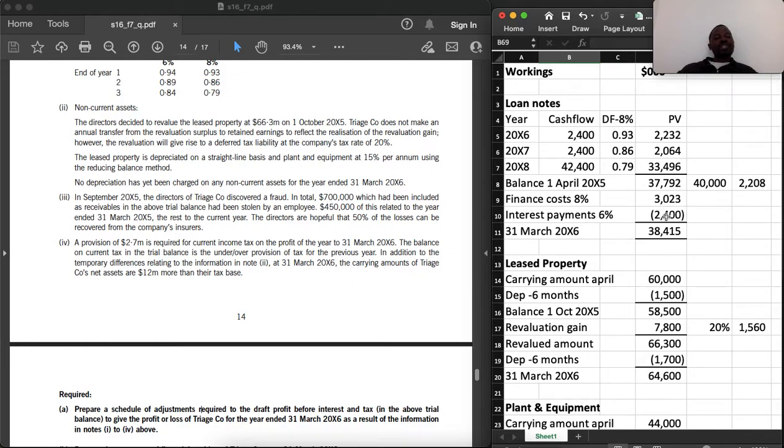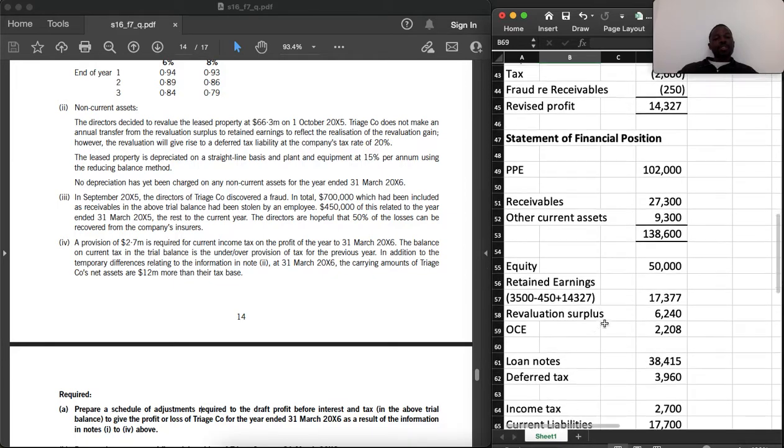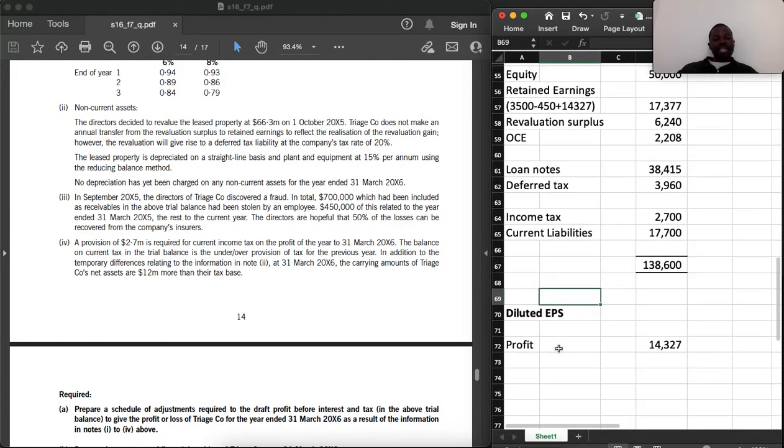So the finance cost will be saved net of tax. So our finance cost is 3,023, which will be saved net of tax. So we'll simply say here, finance costs, which is 3,023 multiplied by 1 minus tax rate of 20%, like that, because we'll save them net of tax.